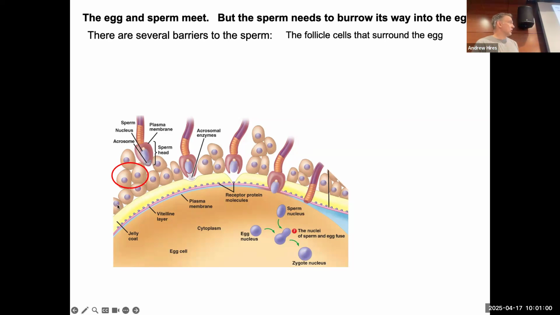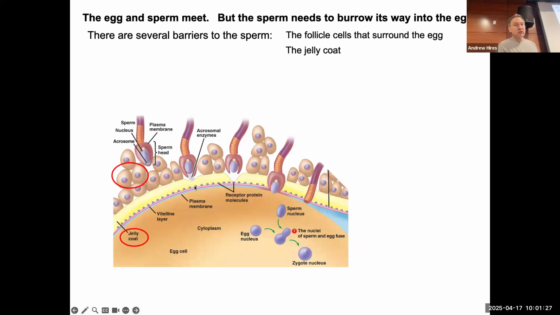Then we have this jelly coating, okay? When the head of the sperm here reaches the jelly coating, it can react with that jelly coating and release the acrosome, okay? So there's going to be a reaction here between the jelly coat and the sperm that will then release a new set of enzymes that will further specifically digest this particular jelly coat, okay?